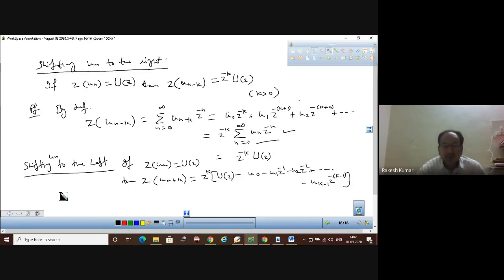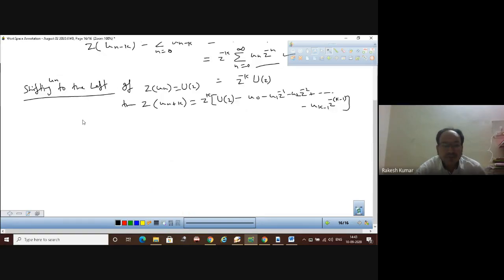You can put this result. The Z transform of u of n plus k will be summation n is 0 to infinity u of n plus k z raised to power minus n.